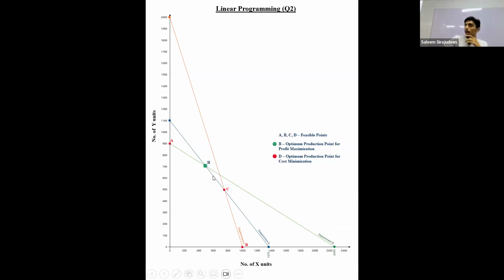Now here I showed the binding constraint and non-binding constraint. The area above the optimum production point, we call it slack. So this area we call slack.